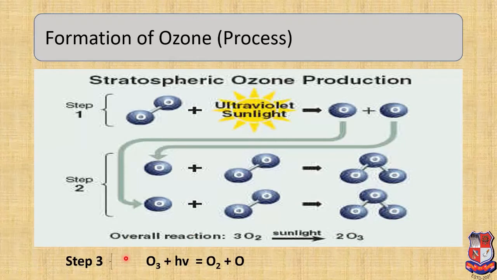In the last step, the ozone thus formed distributes itself in the atmosphere and absorbs harmful ultraviolet radiation, and it is continuously converted back to molecular oxygen. That is all about the process of formation of ozone.